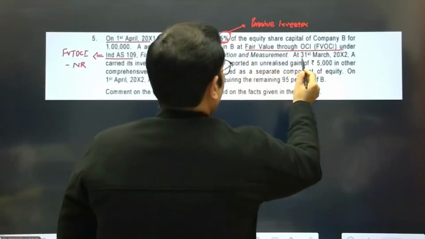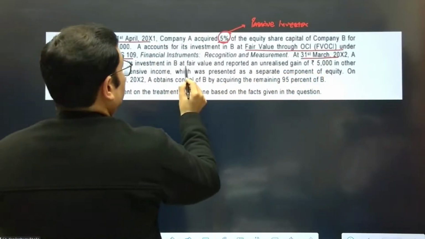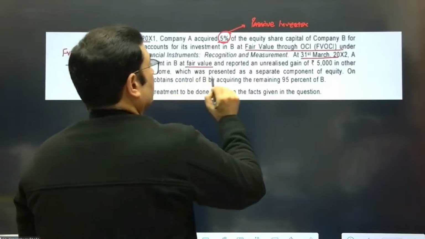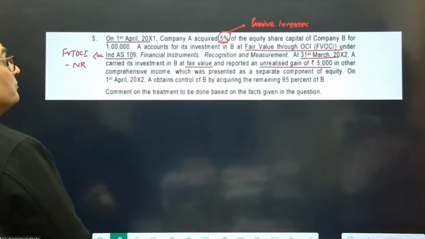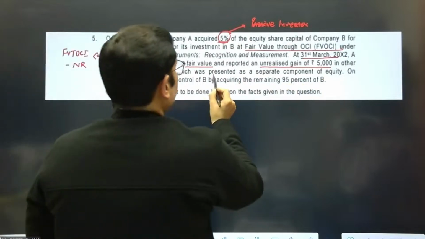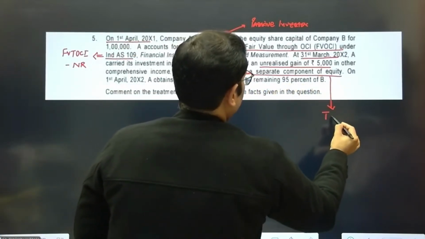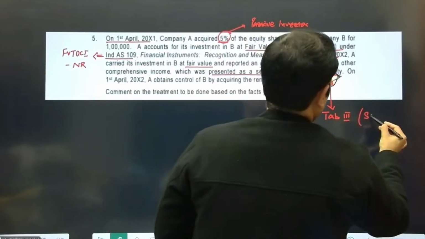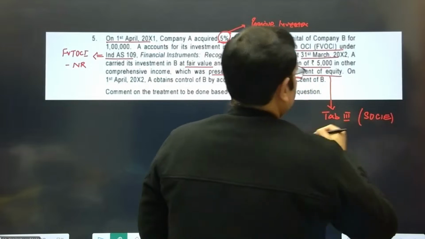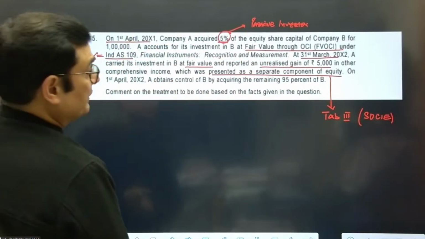Then he says on 31st March X2, A carried the investment in B at a fair value and it reported an unrealized gain of 5,000 in other comprehensive income, which is presented as a separate component of equity. So this is presented as a part of tab 3 in terms of SOCIE. When it says separate component of equity, that is tab number 3 of SOCIE.